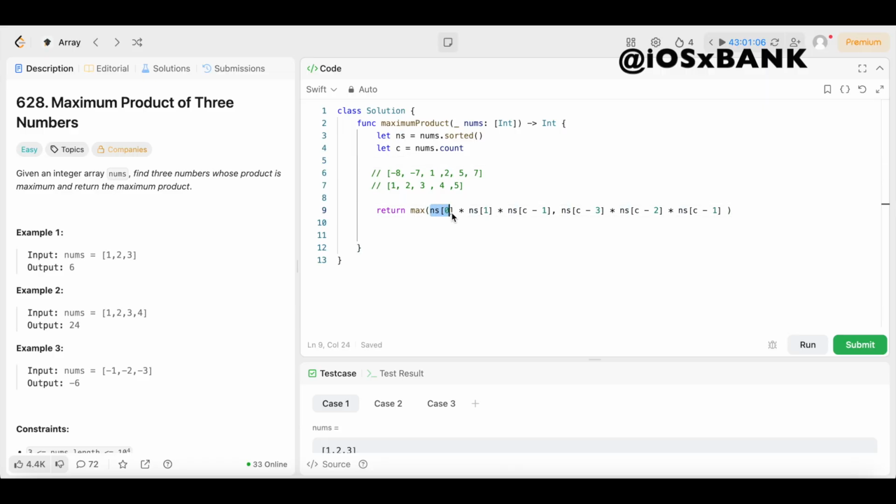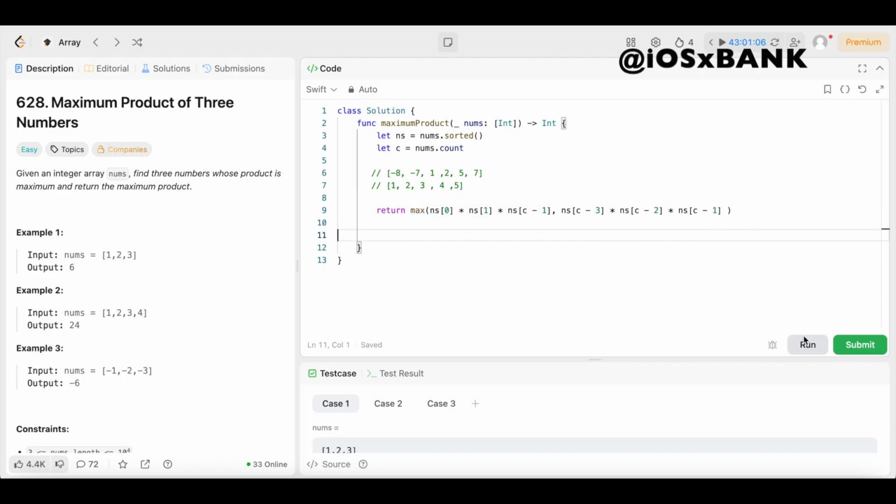Whichever one is larger. ns of 0 times ns of 1 times ns of c minus 1 is going to check to make sure we don't have any negative numbers that will make our output any larger, or whichever one is larger between the first two numbers that include negatives and the last, or just the last three numbers, right? Or if it's just like this, we could just multiply the last three numbers, right? So whichever one is larger, that's the one we are going to return with this max right here.